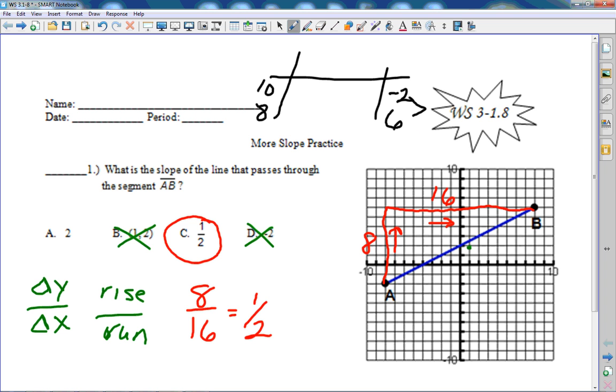And I did delta y, which is 8 over, well, what did I miss? Oh, hey, guess what? I did not do this right here. Why didn't you tell me that, people? This is negative 8 and negative 2. Now that makes more sense because this is positive 16. Again, delta y over delta x would give me my answer of 1/2.